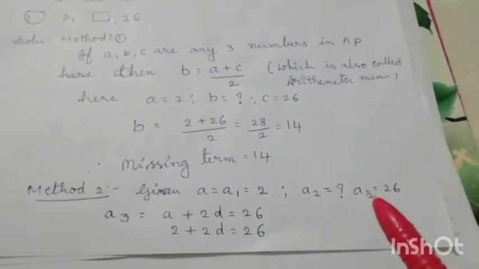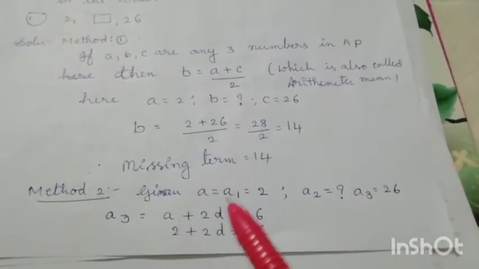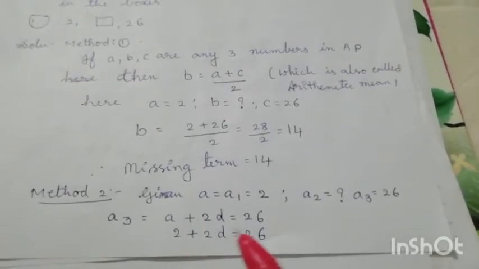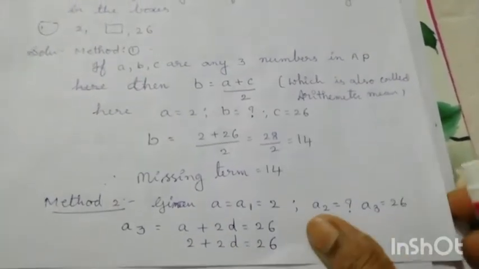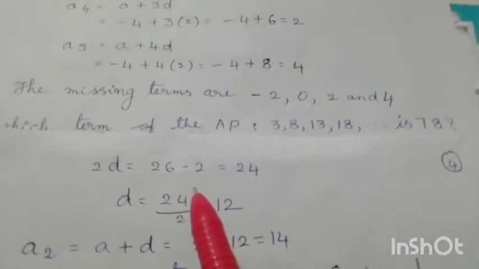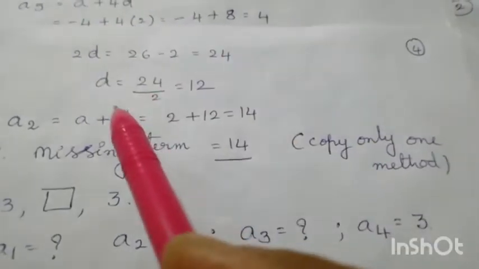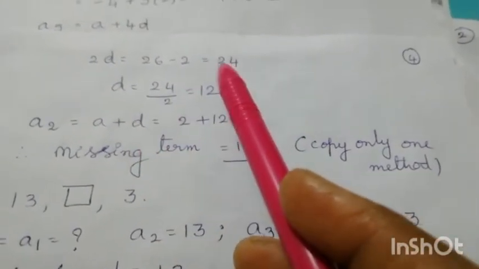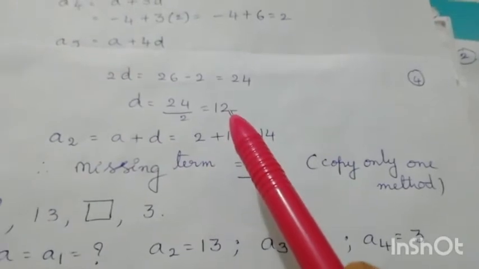A plus 2D is equal to 26. In the place of A, we have to write 2. 2 plus 2D is equal to 26. Then 2D is equal to 26 minus 2, which is equal to 24. Then D is equal to 24 divided by 2, which is equal to 12.